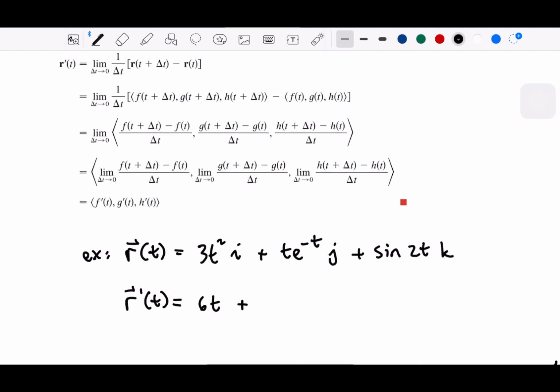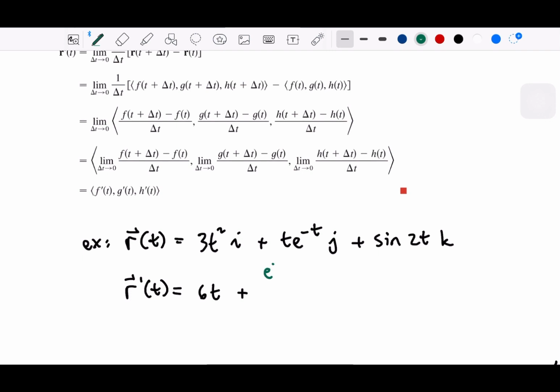And this will be plus, the derivative of this, we're going to use the product and chain rule, right? Don't forget the chain rule. So we take e to the negative t minus t e to the negative t, right? So we get (1 minus t) e to the negative t, and then plus 2 cosine 2t.